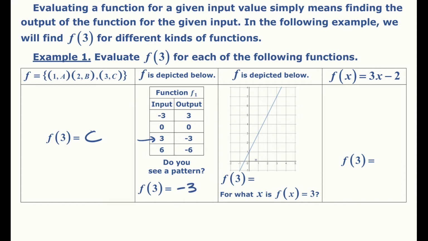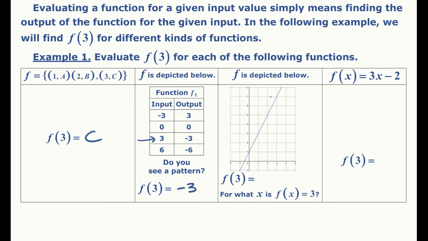All right. How about for this particular function depicted graphically? So we want f of 3. Notice that we always agree on the x-axis being the input axis and the y-axis being the output axis, right? So we look at 3 on the input axis, and then we go straight up till we hit the graph.